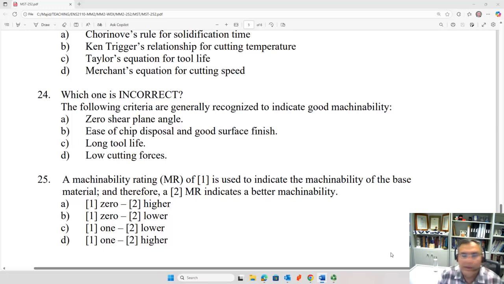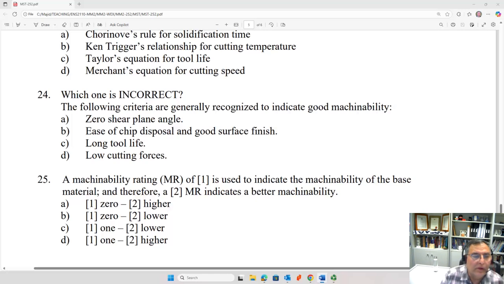Well, a machinability rating of something is used to indicate the machinability of the base material. What is it? It is 1 on the basis of the teaching materials. So 1 is sitting in the place of number 1, and then higher is sitting in the place of number 2. So D is giving us the right combination of substitute words for numbers 1 and 2 in the sentence.